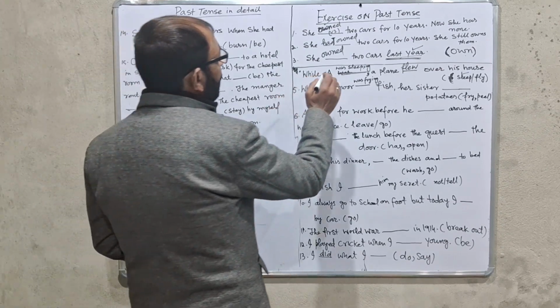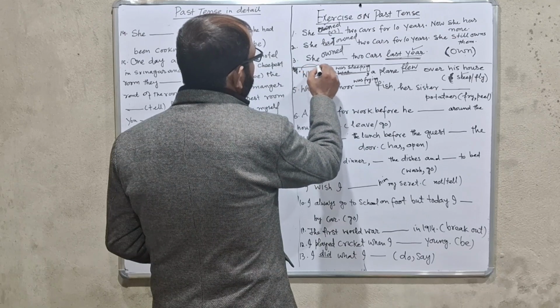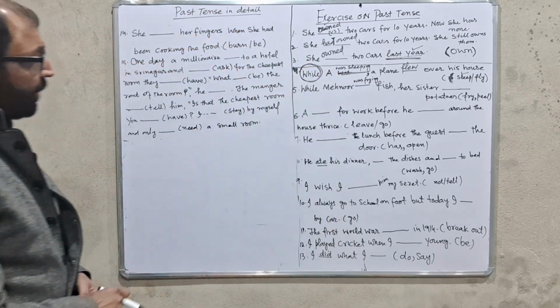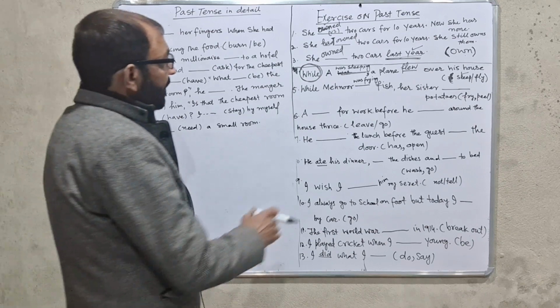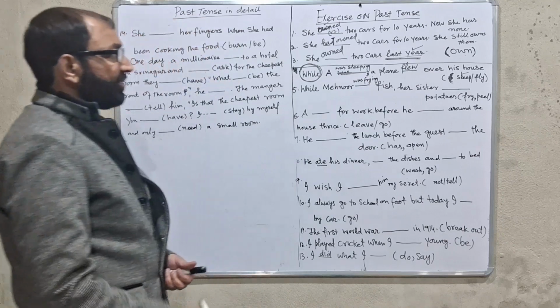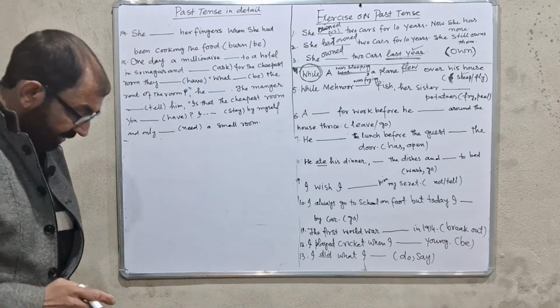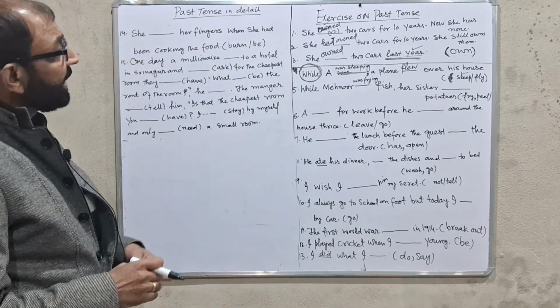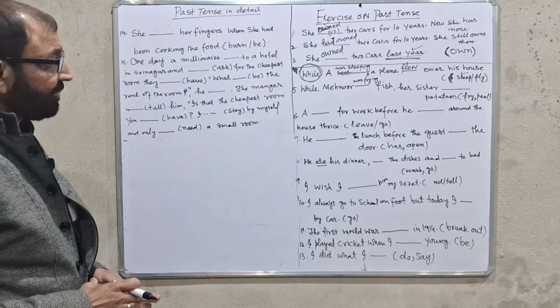It means two actions connected by while. One progressing, continuing in the past. The next one will be in past simple tense.